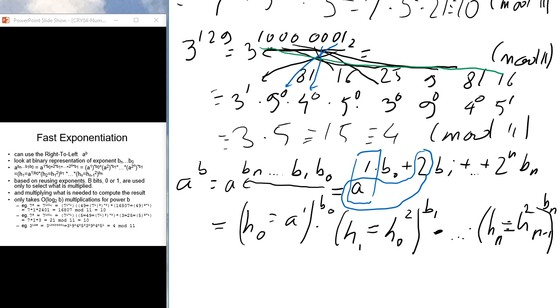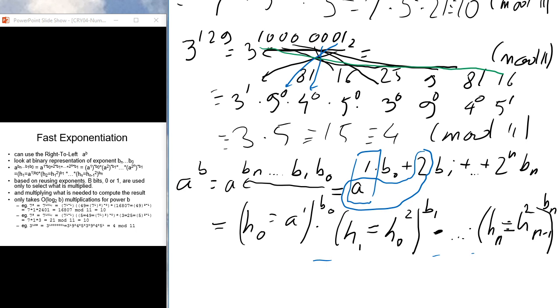Their exponents are 0 or 1, so it corresponds to just a selection of terms. The only remaining multiplications are the ones between the terms. So the total number of multiplications that we get over here is n for n terms squaring plus as many multiplications as bits are different from 0 in the exponent.